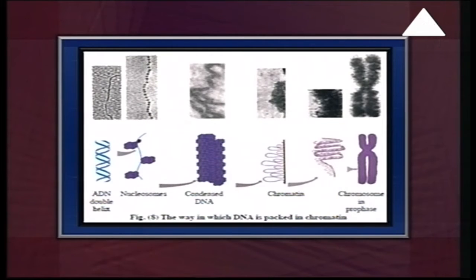The first one is the form of the chromosomes. After that, unwinding the chromosome gives the chromatin. The fourth is the condensed DNA, and finally we have the histones, and this is the form of the DNA, the double helix.